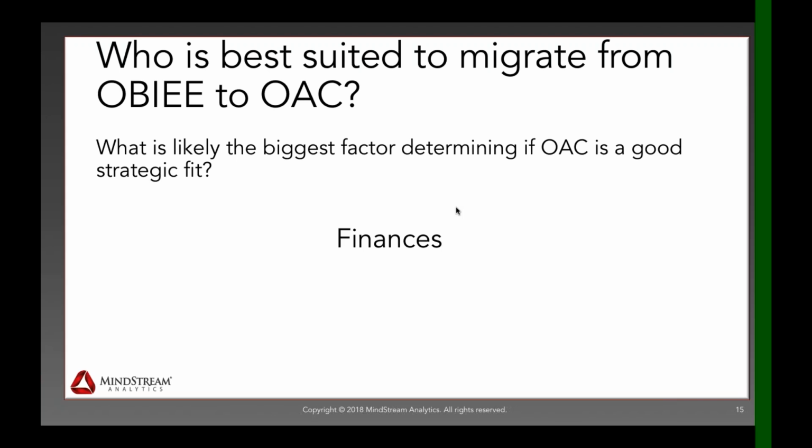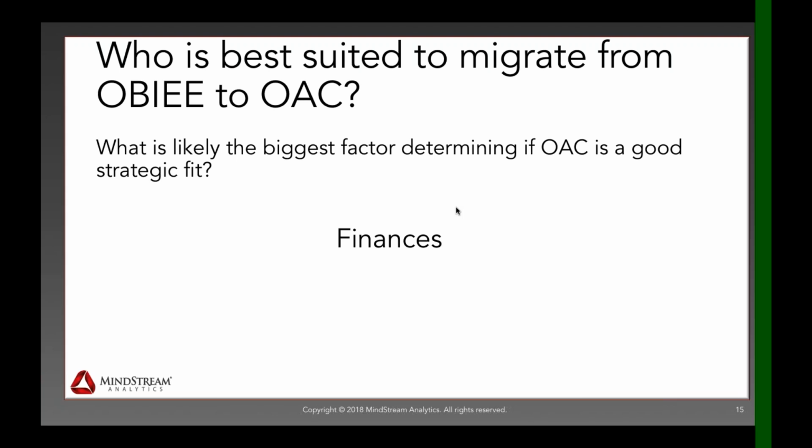With all of the great things that OAC can do in mind, what it ultimately came down to was doing a cost evaluation with Oracle and finding out that it was better for them financially to migrate to the cloud rather than go to 12c.